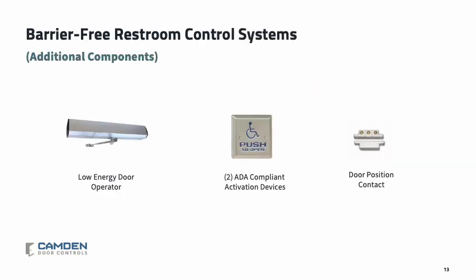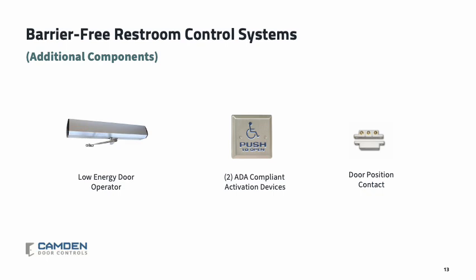The installation of a barrier-free control system will require a few components that are needed in addition to the privacy system devices that we've already covered. Of course, we will need a low energy door operator and two ADA compliant push-to-open push plate switches.